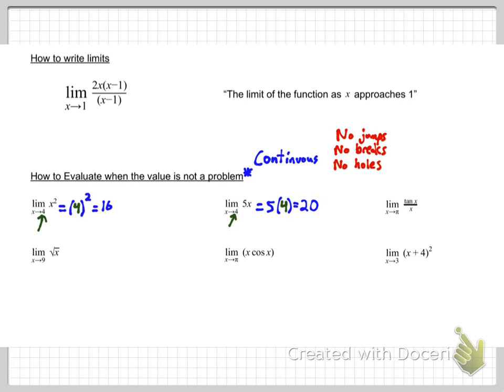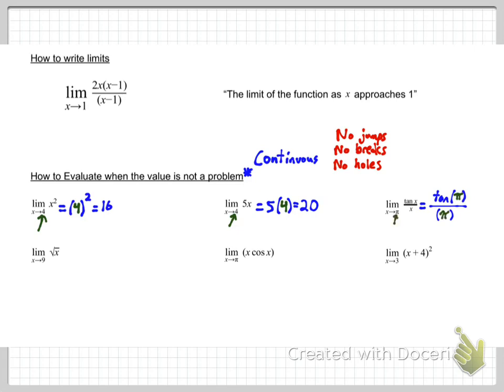For the next one, we have a small issue because we're dividing by x, so we want to be very careful, you know that dividing by 0 is an issue. However, here the limit is not approaching 0, it's approaching pi. And because all around pi this function actually is continuous, then we are perfectly fine.